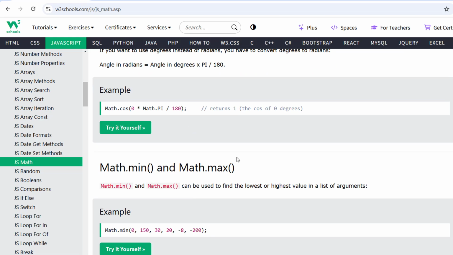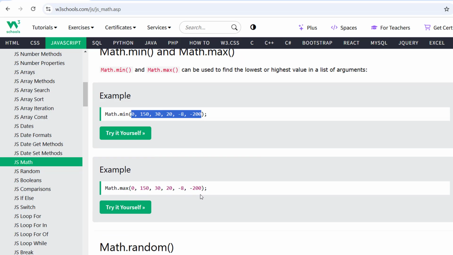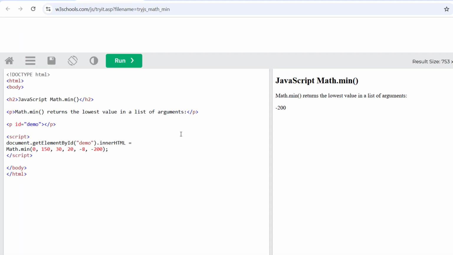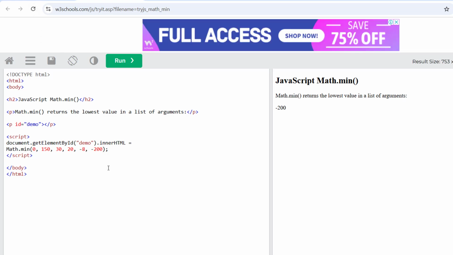So math min and math max. Min means it will find the minimum value among this collection, and max will find the maximum value. So this is 0, this is 150, 30, 20, minus 8, minus 20. Which is the minimum value, the lowest number? These are definitely higher than the negatives.